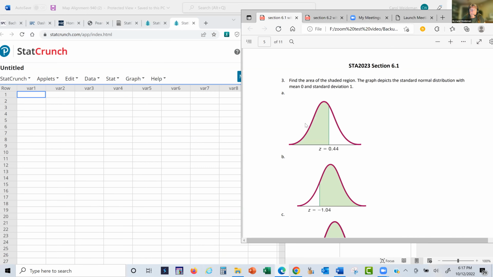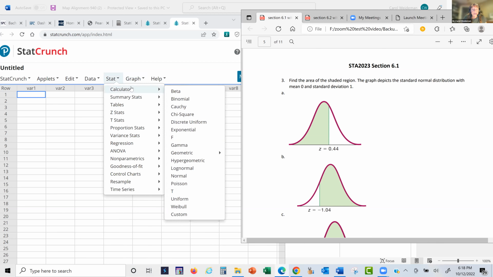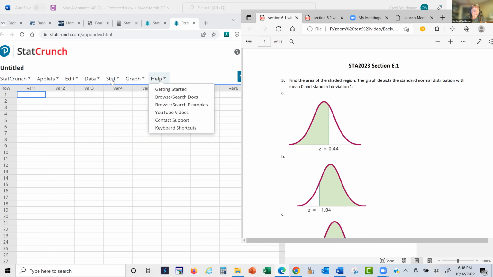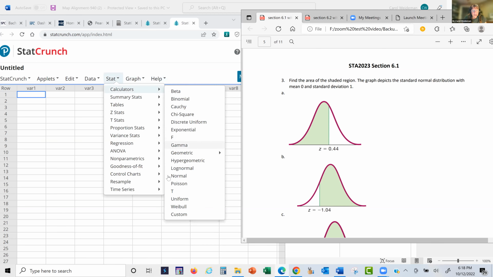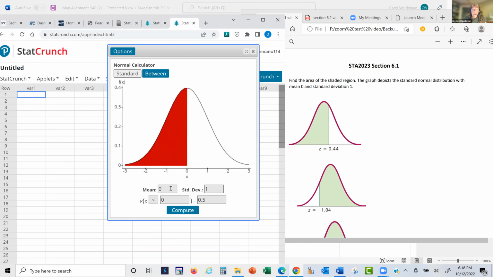All right, so the problem says, it's the right one? Yep. Okay, so it says find the area of the shaded region. It's a standard normal. So what I'm going to do is go to, you've used calculators before, Stat, Calculator, the normal calculator, which is right here. Now, it'll automatically be set up as standard normal. So for this section, you don't have to change the mean and standard deviation. It'll be set up for you exactly like you need.